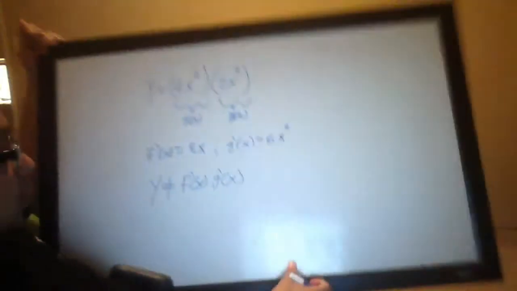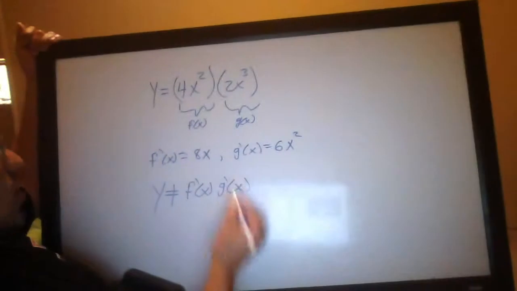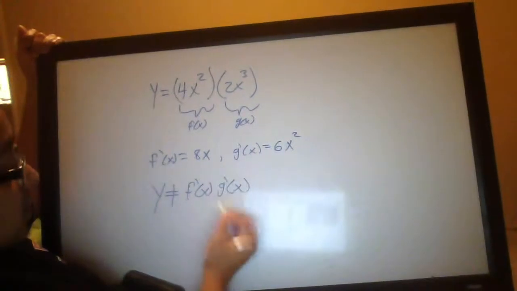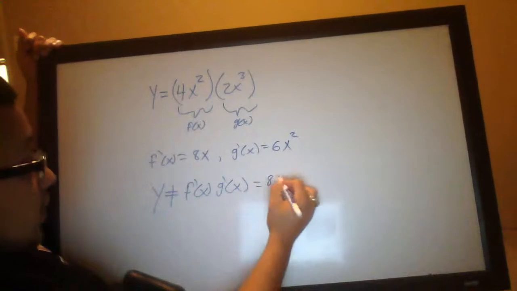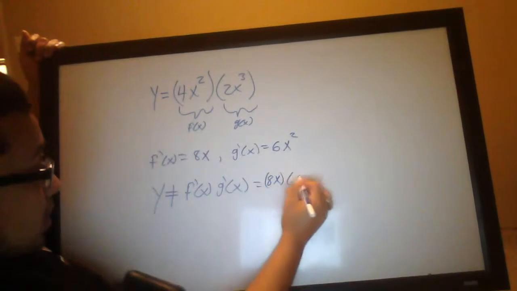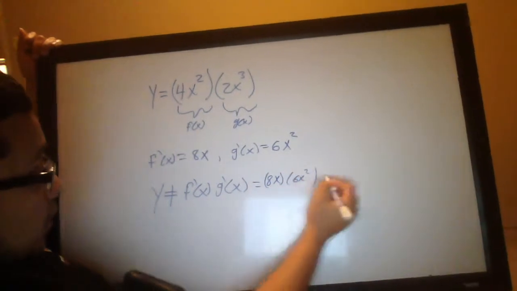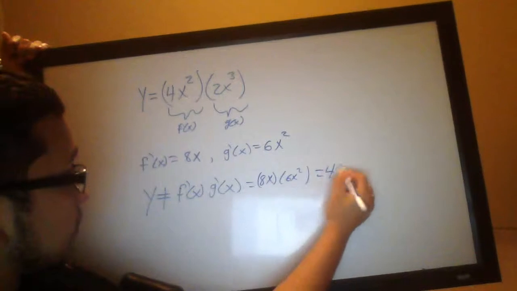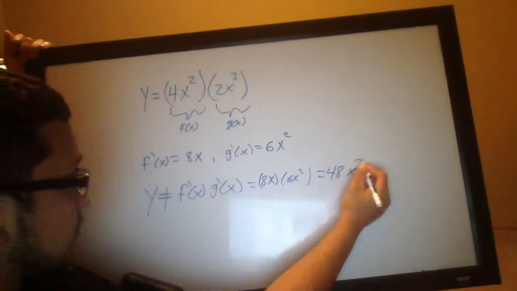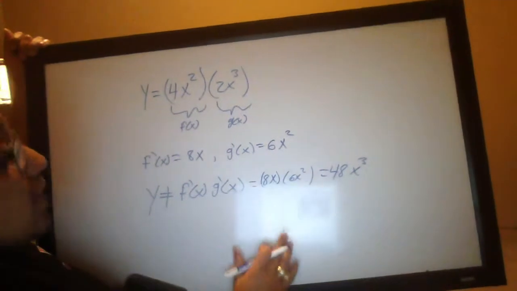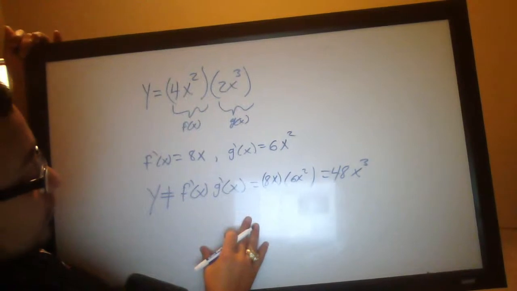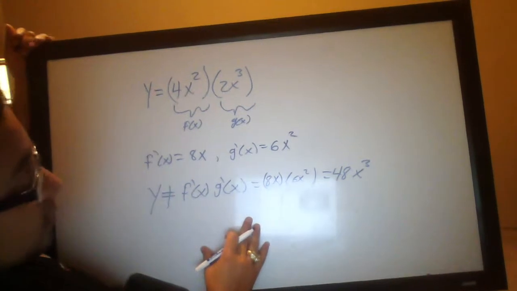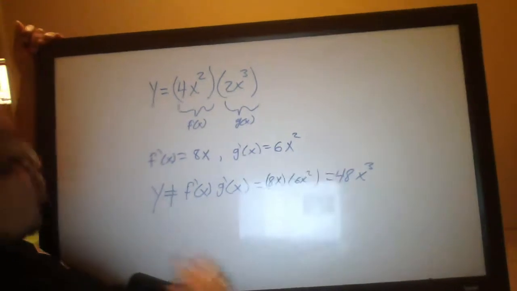Well, if we went ahead and multiplied these two together, 8x times 6x squared, this gives us 48x cubed. Alright, well, that's not the correct answer. That is not the derivative of this equation.